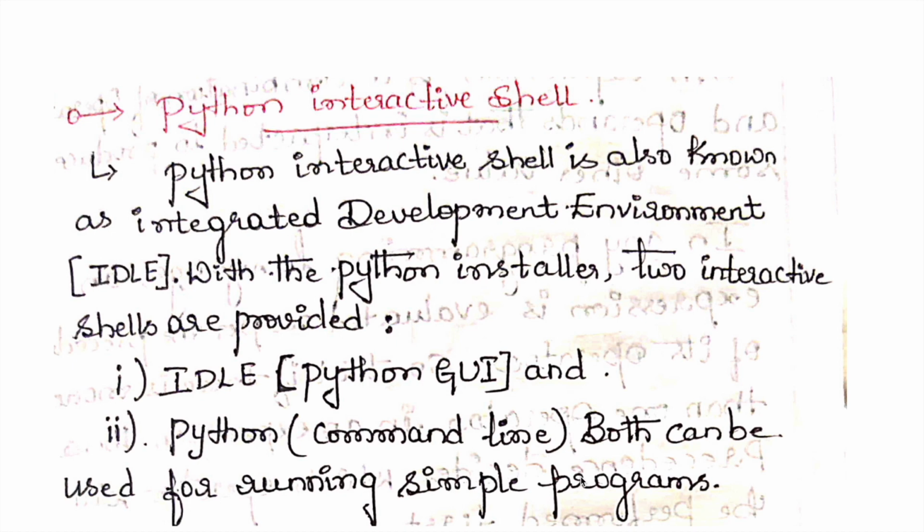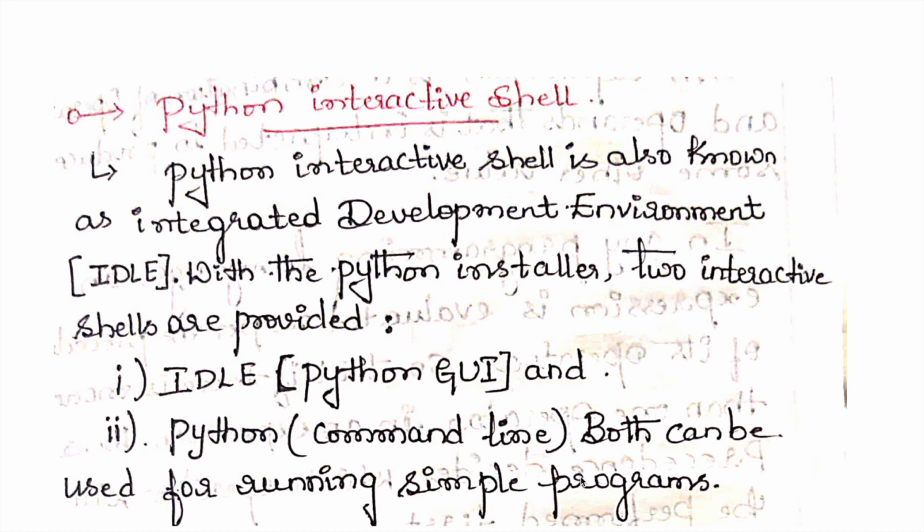So the Python installer mainly provides two interactive shells. The first one is IDLE. IDLE supports a graphical user interface. That means you can use icons, buttons, text boxes like that. And also you can use a command line oriented interface. Both options are available.